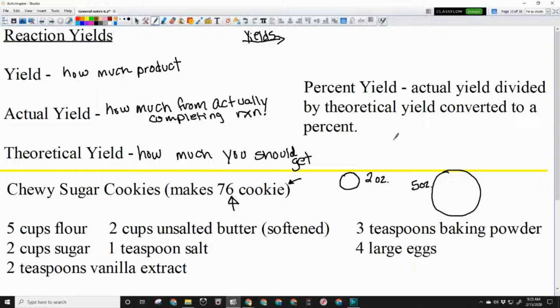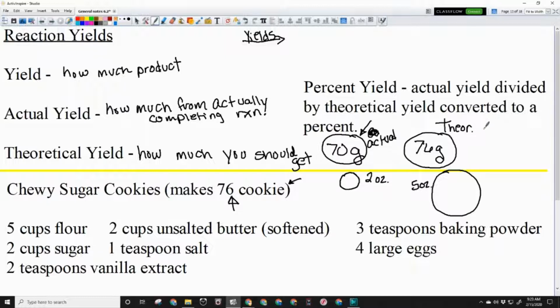And if you perform a chemical equation and it says that you should get 76 grams of your product, but you don't, you only get 70 grams of your product, those are different yields. Okay, this 70 grams is the actual yield. It's the actual yield that you got from conducting the experiment. This is the theoretical yield, that on paper, that's what you should get.